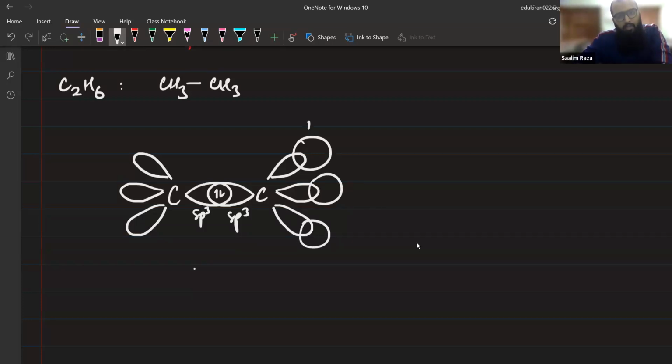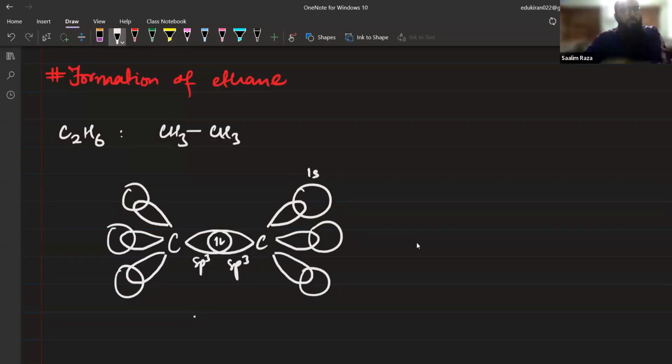So this is the 1s of a hydrogen atom. Also, you'll have hydrogen 1s, hydrogen 1s, and hydrogen 1s. All of these will have some overlapping, and there will be two electrons in each of these bonds. So this is the structure of the ethane molecule. Please write this down. Both of these carbon atoms are sp3 hybridized.